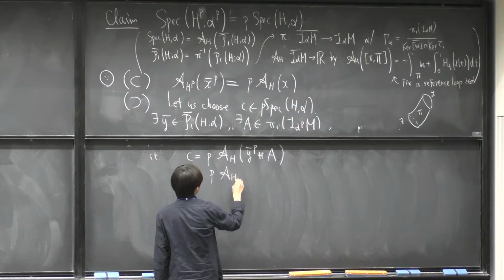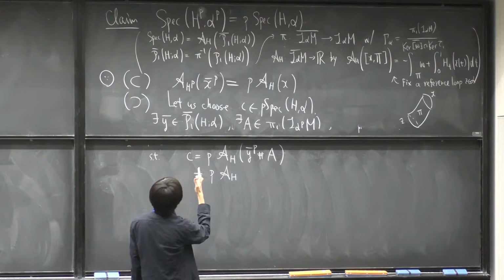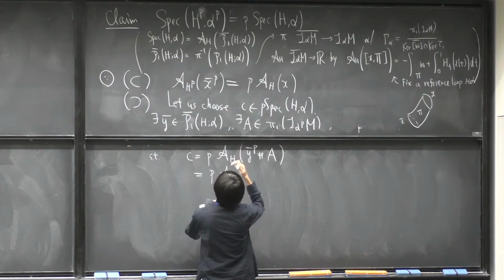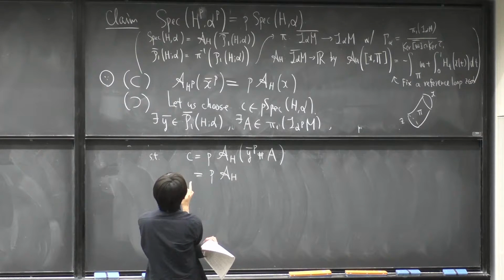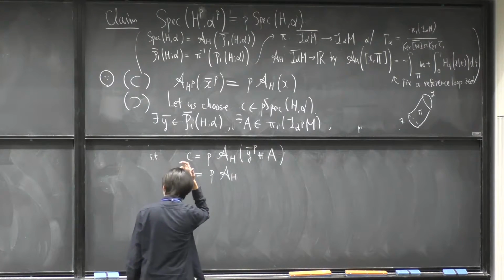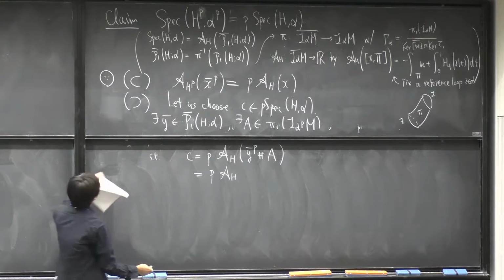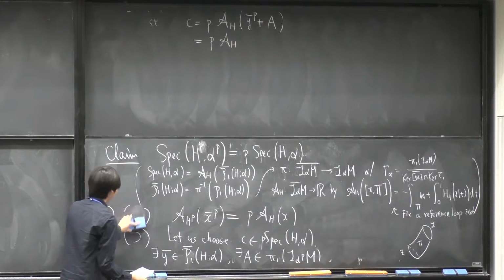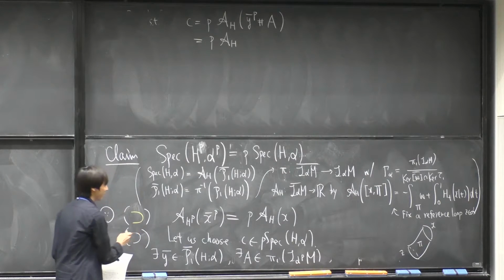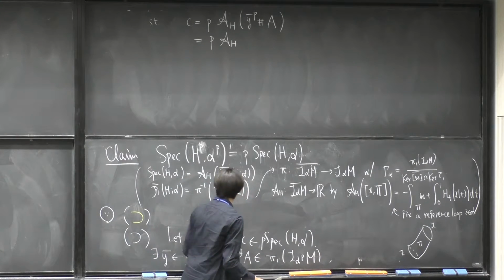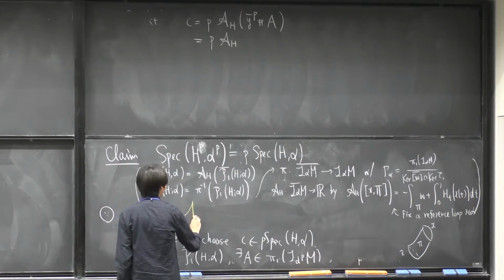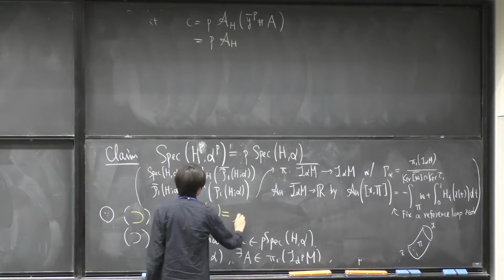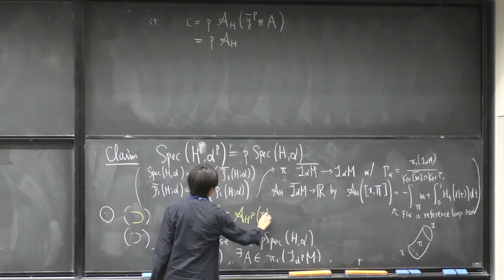And this can be computed, oh, sorry, I made a crucial mistake. This side is trivial. Sorry, I'm very sorry. Because we have this equality.